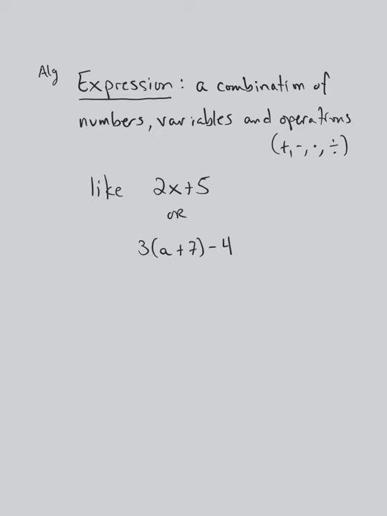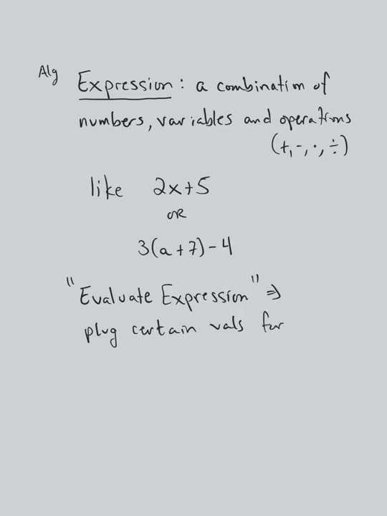Now, what we often do, just like with that weight example earlier in the video, is we evaluate an expression. What that phrase means is that we plug certain values in for the variables, and sometimes there's more than one variable, so I'll put an S in parentheses there.